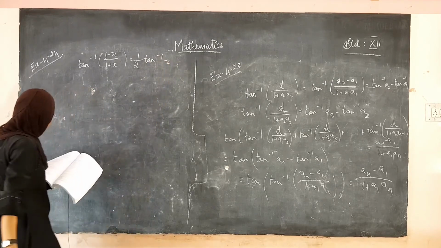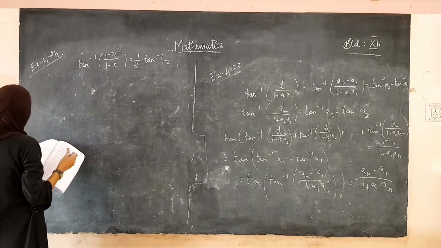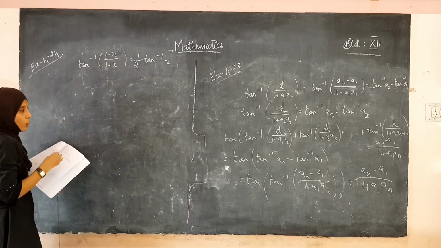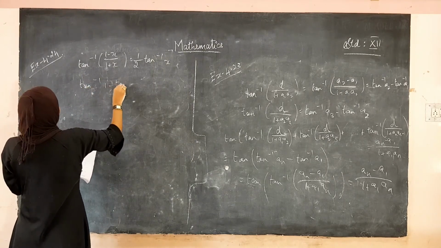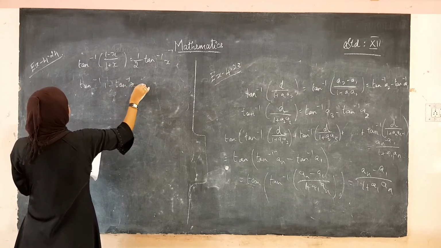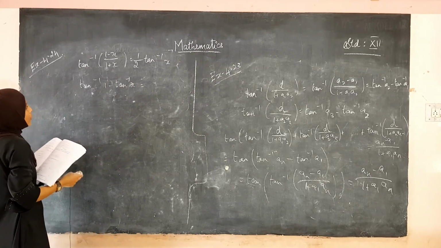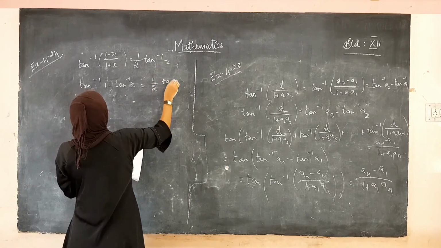See here, tan inverse of 1 minus x divided by 1 plus x can be written as tan inverse of 1 minus tan inverse of x. Okay, this is the formula for tan inverse of a minus tan inverse of b. Tan inverse of 1 minus tan inverse of x is equal to 1 by 2 into tan inverse of x.